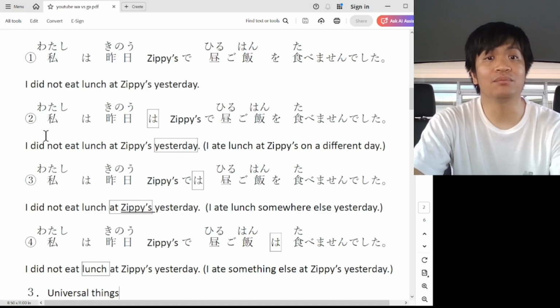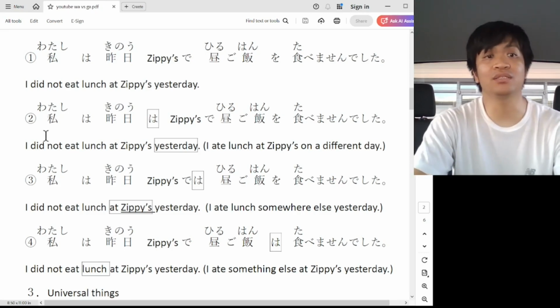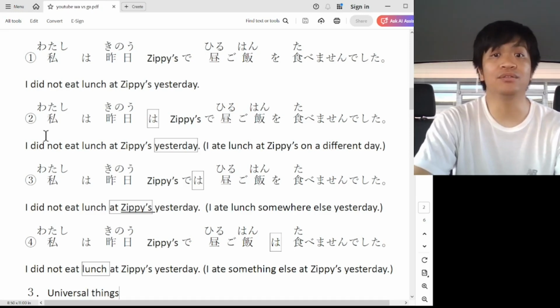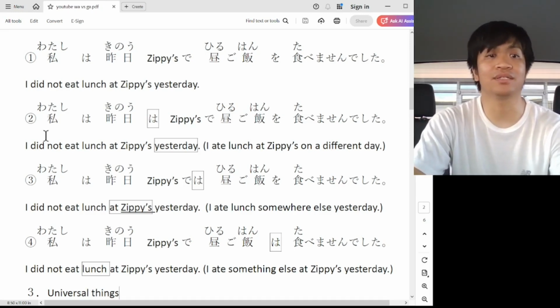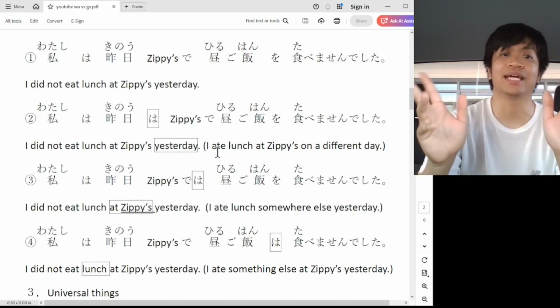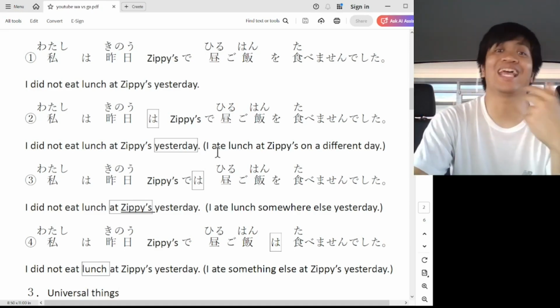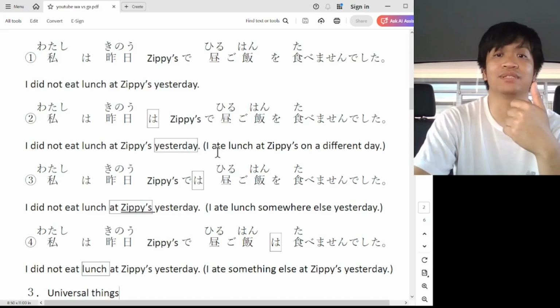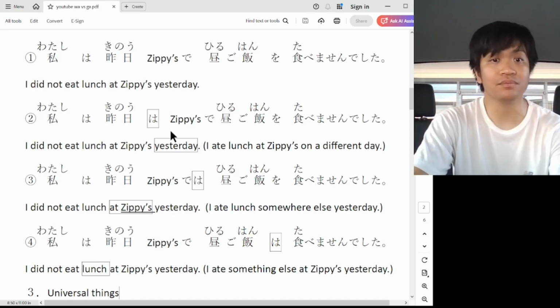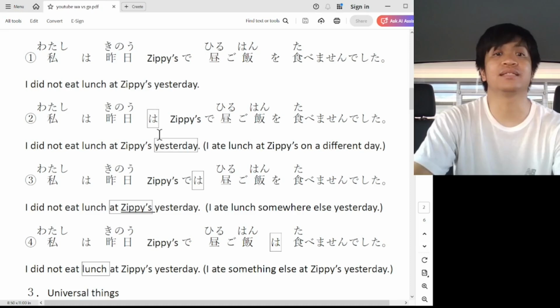So that's number one. Number two, you can change it a little bit to have it say, 私は昨日は Zippy's で昼ご飯を食べませんでした. So here, I did not eat Zippy's at lunch yesterday. And then what's unsaid is I ate Zippy's, or I ate lunch at Zippy's on a different day. So here, this wa is the comparison.